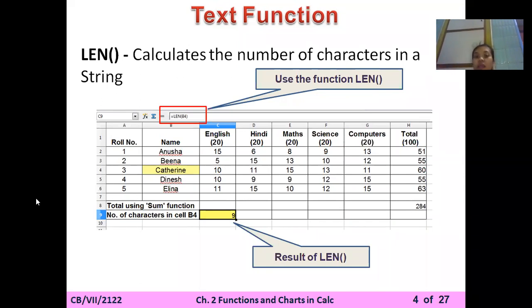LEN means the length. So it will count the number of characters in the string. Whenever you are writing some text, string means a sentence or a name or such type of text or letters. So it will calculate the number of characters.